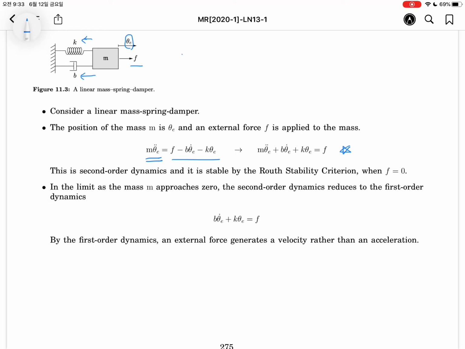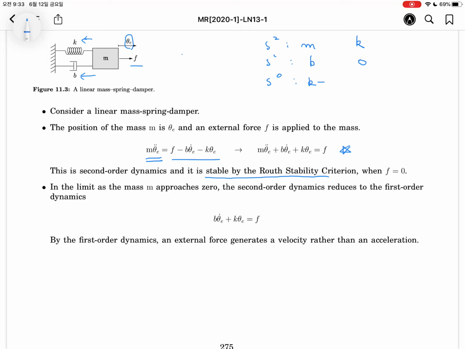Then by moving two terms from the right to the left, we have this second order differential equation. The stability can be checked by using the Routh stability criterion. It's very simple, so let me write it down again. S2 is m and k. S1 is b and 0.